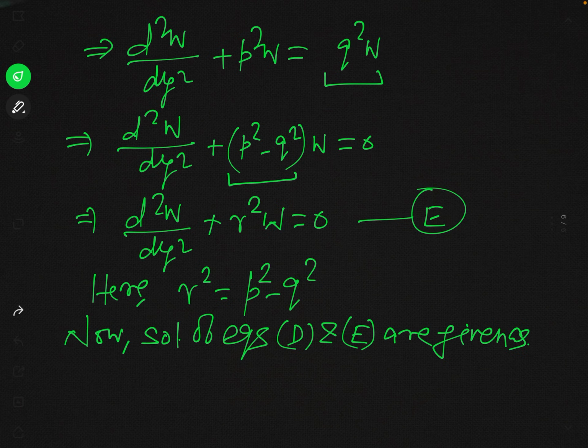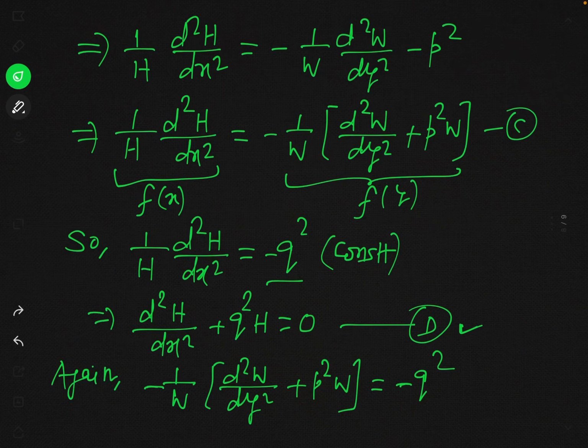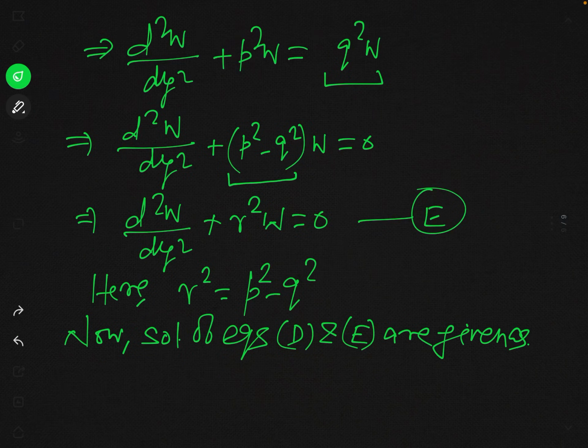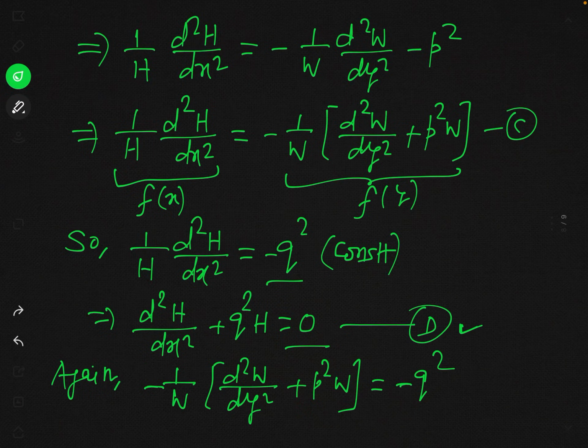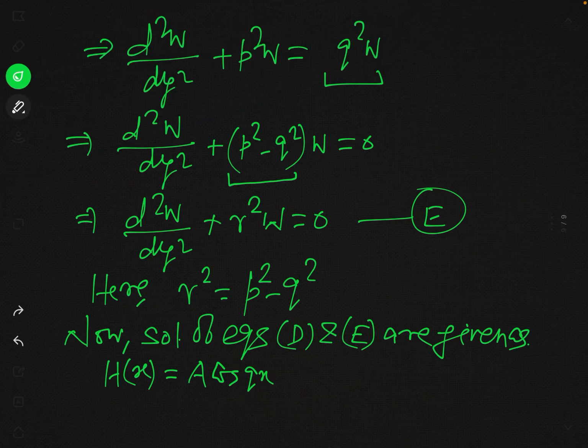You can see our equation D is this much, and you can write the solution of this equation as h of x equal to an arbitrary constant, let us say a cos qx plus b sin qx.